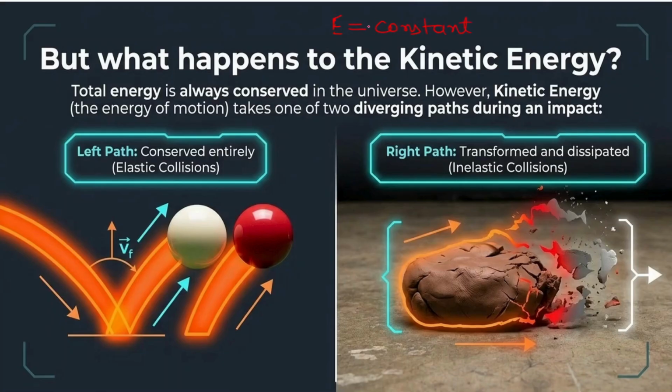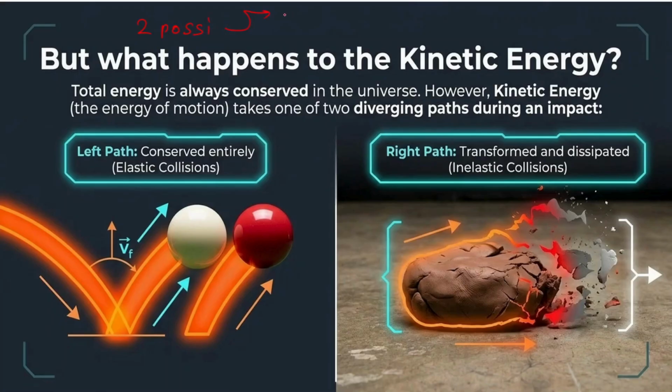I think you know there are many forms of energy, like sound energy, heat energy, potential energy, kinetic energy. These are the forms of energy. But the kinetic energy, the energy associated with motion, can behave differently during some types of collisions. So there are two possibilities over here.